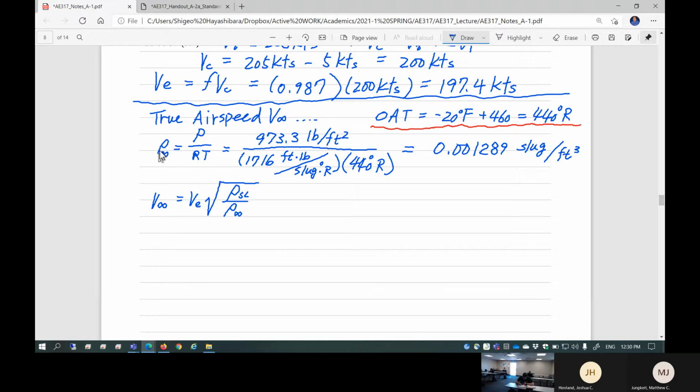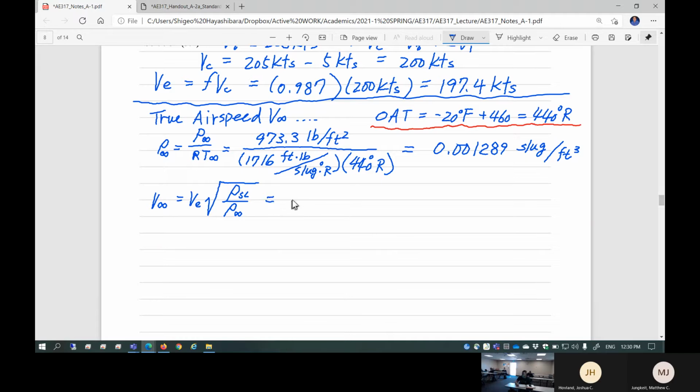Density infinity is the actual density at the flight altitude. This is also P infinity, the actual static pressure at the flight altitude. T infinity is the outside air temperature. So let's just put all infinity here, free stream. In other words, your own speed.